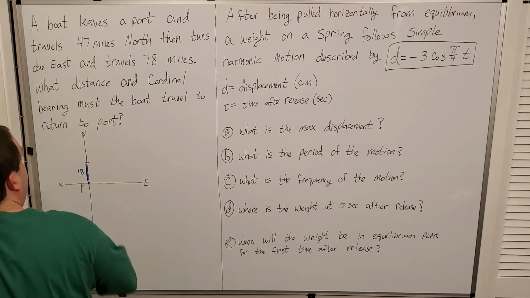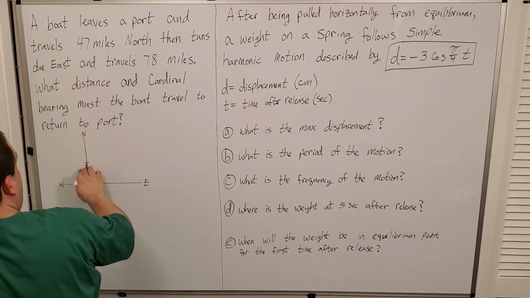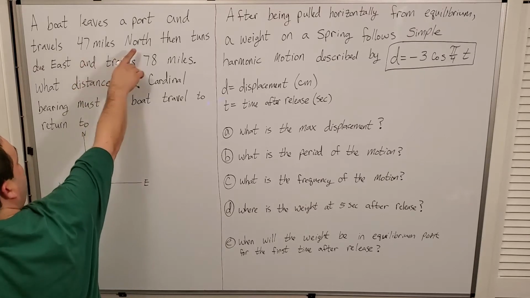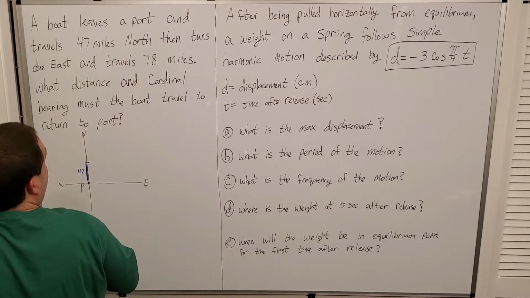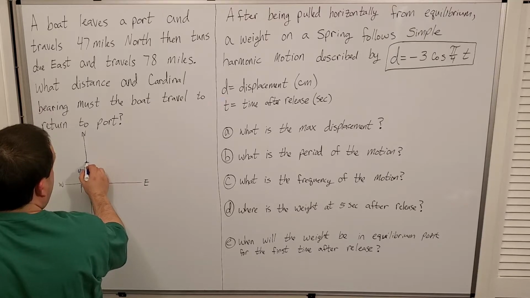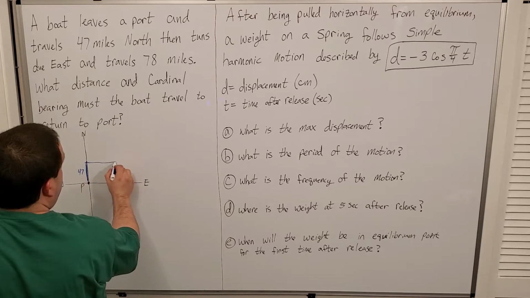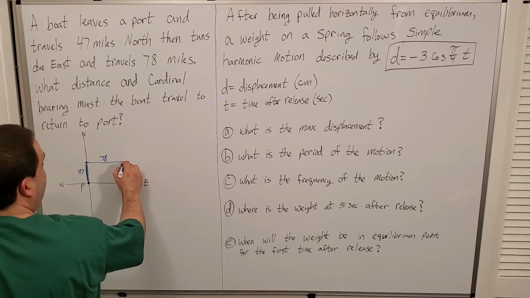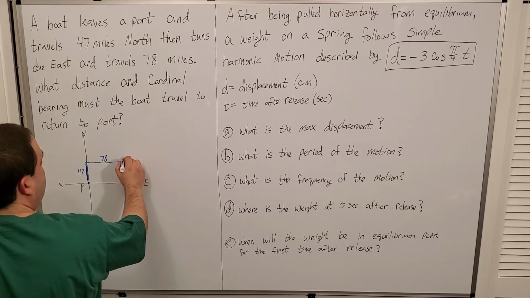He traveled north 48 miles. Not 48, 47 miles north. Then, from this point, he traveled due east 78 miles. So right now, this is where the boat is. The boat is right here.